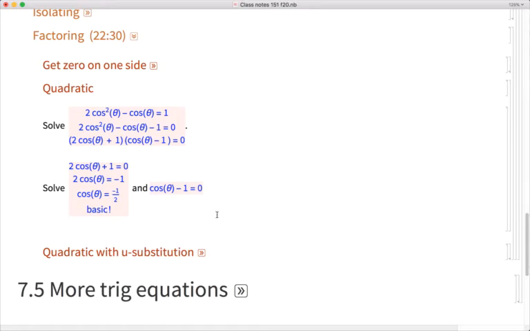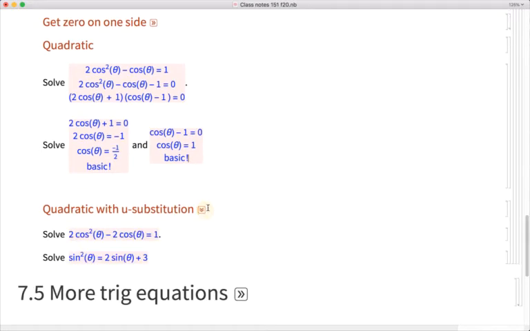Yay, basic. And this one becomes basic after just one step. And we solve them separately. Right, so the typo I had in that problem, this was supposed to be just a u, not a minus, it's supposed to be a 1, not a 2.